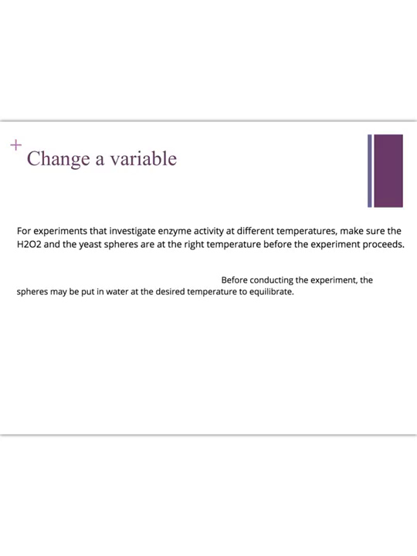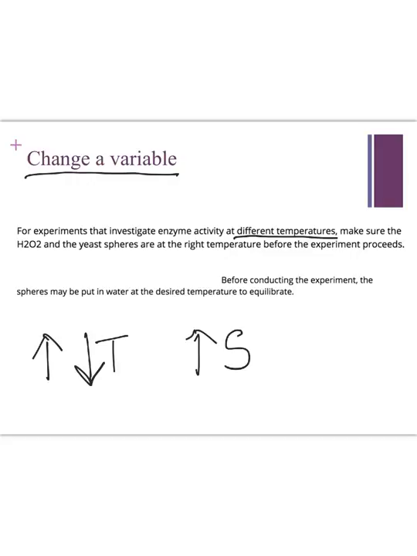Once you have done that, we are then going to change a variable. You can either do different temperatures, or you can change the substrate. Whatever you decide to do, either you've increased the temperature, you've decreased the temperature, you've increased the concentration of substrate, or you decreased the concentration of substrate.